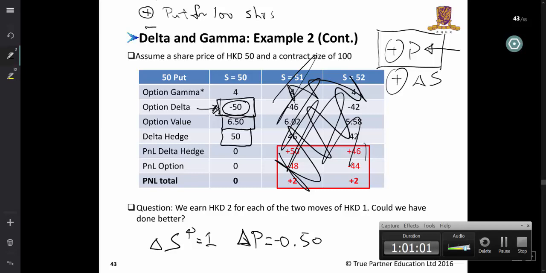Then you need to buy 50 shares in order to become delta neutral. Sorry, 50 shares, I beg your pardon. Now, please try to understand this point, because if you don't, then it's kind of hard to catch up later on.